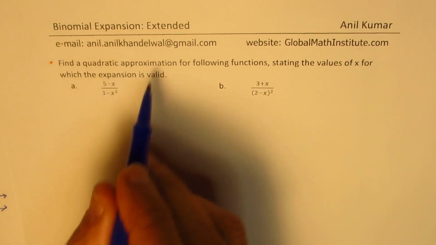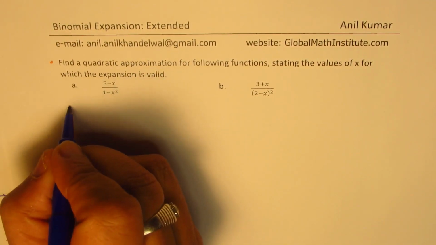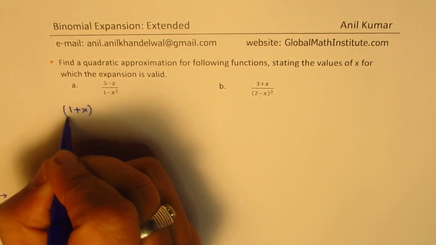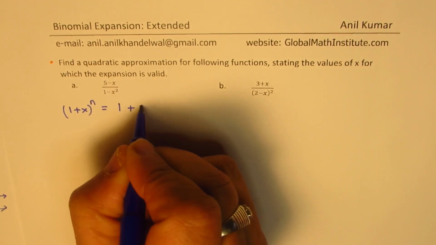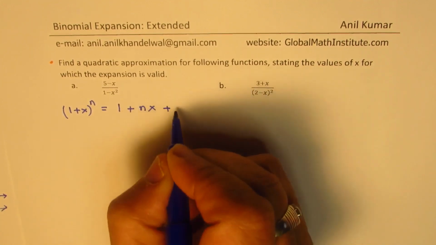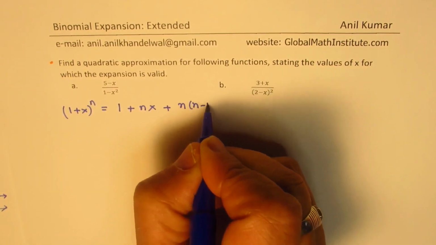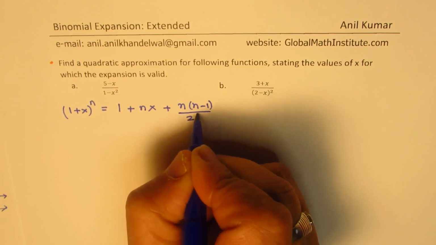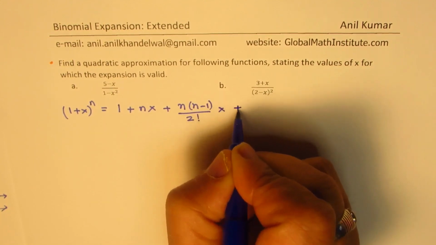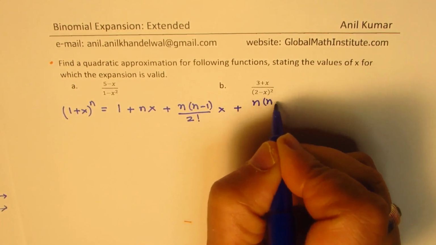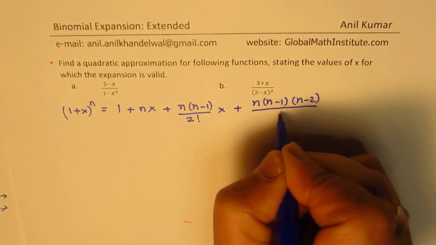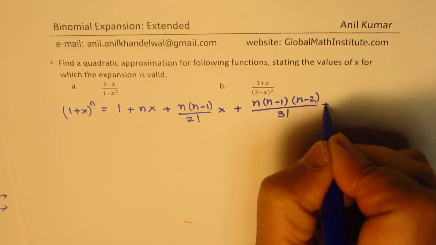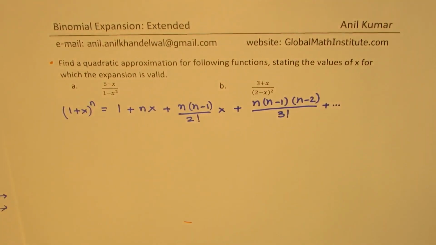So when we are saying the expansions, what we have here is that (1 plus x) to the power of n can be written as 1 plus nx plus n times (n minus 1) over 2 factorial x squared plus n times (n minus 1) times (n minus 2) over 3 factorial x cubed, and so on, correct? So that is one part.